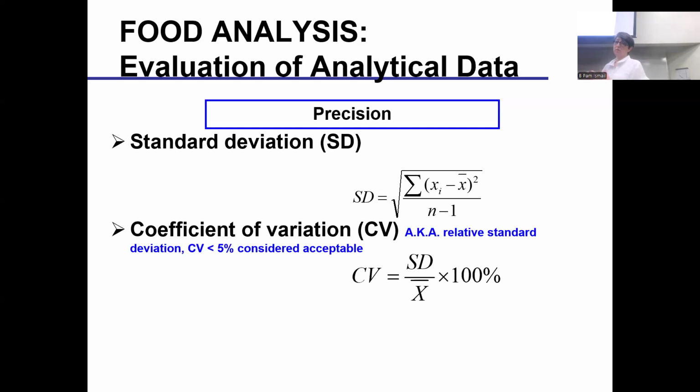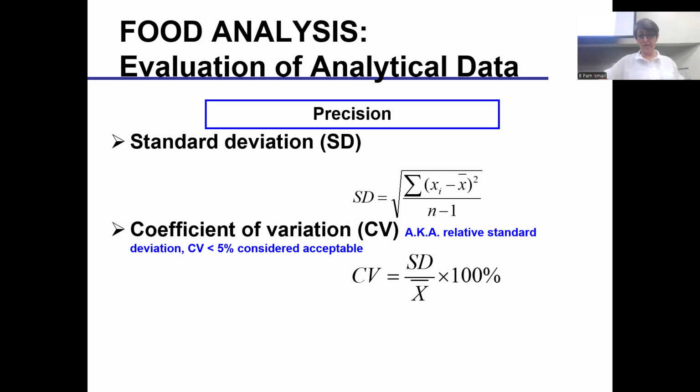And this will make sense to you when I show you the example. So it's standard deviation divided by the mean, but it's a percentage, so you always multiply by 100.